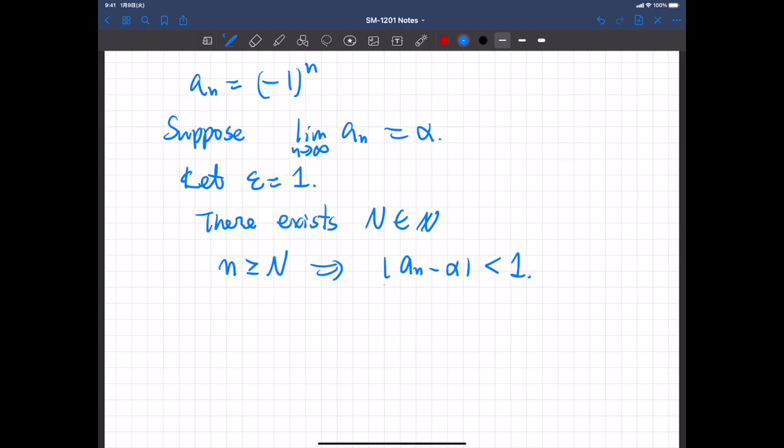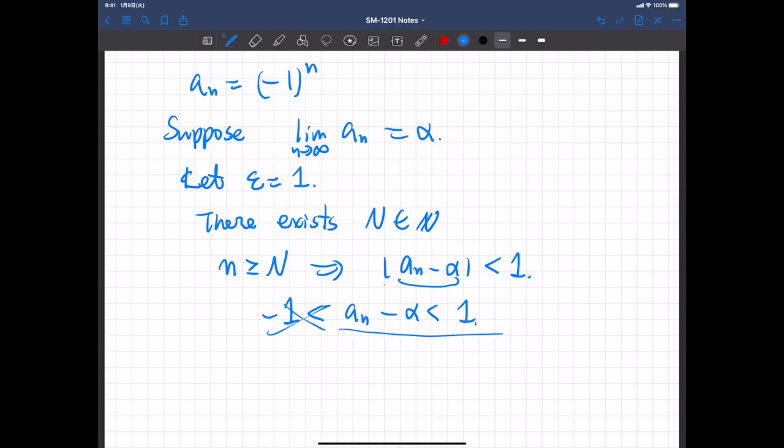This absolute value is less than 1, so that means an minus alpha is between -1 and 1. So we don't need this part.